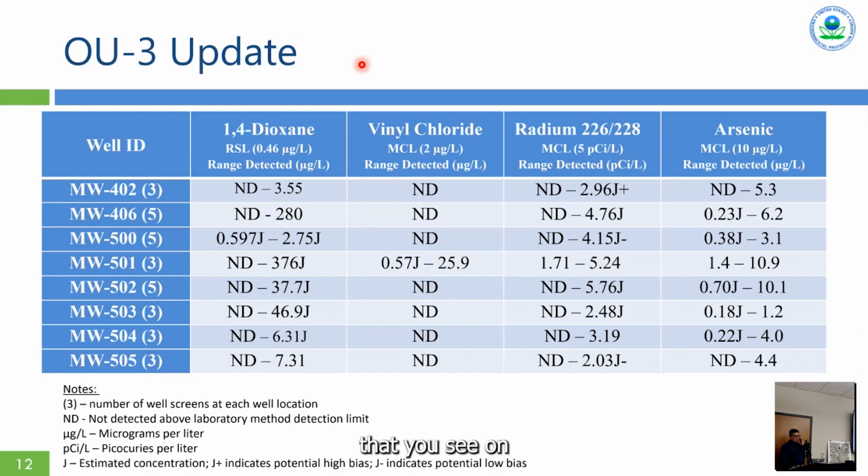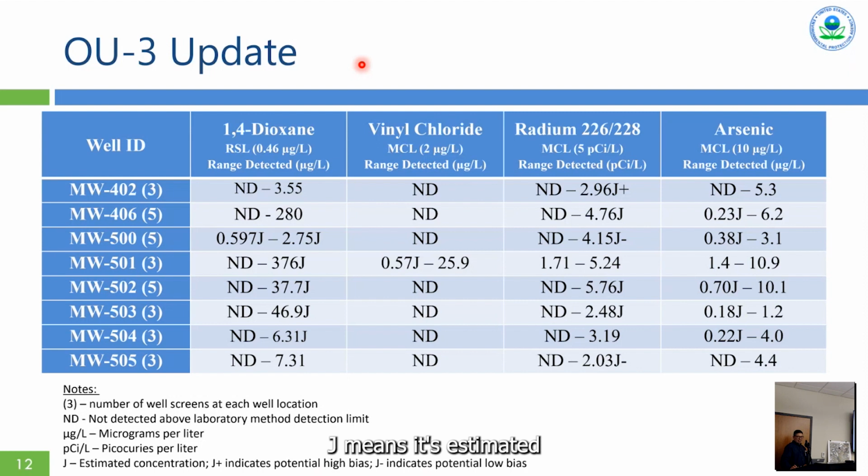The other thing that you see on these slides are some letters, J's, and other places you'll see U's. Those are data flags. That's an outcome of what the lab does. The lab sticks some of those qualifiers onto the data. Other qualifiers get added during that data validation process that I mentioned. And typically you'll see U's and J's. U means it's not detected, undetected.